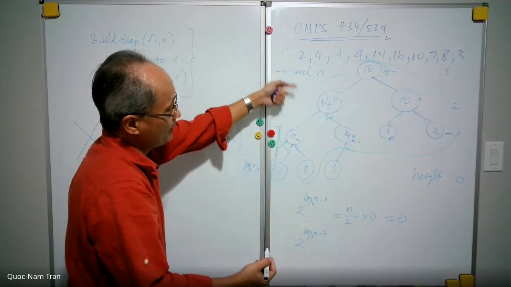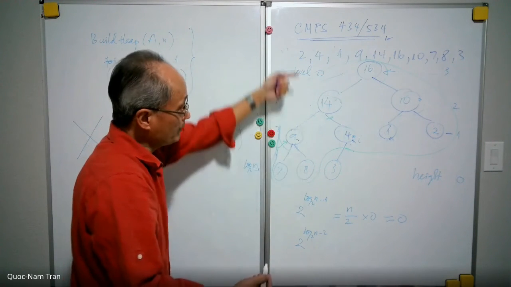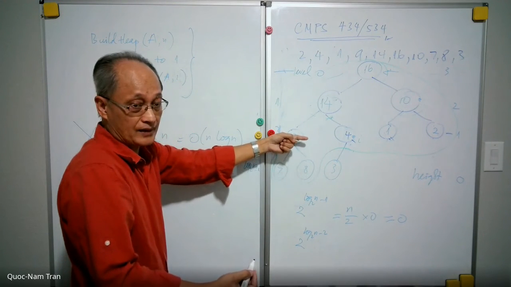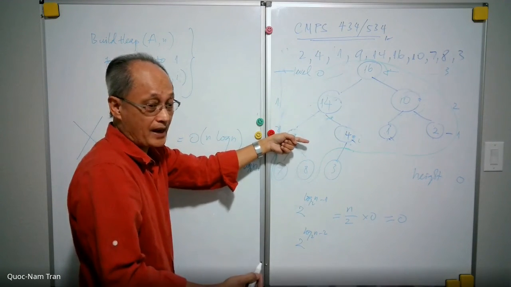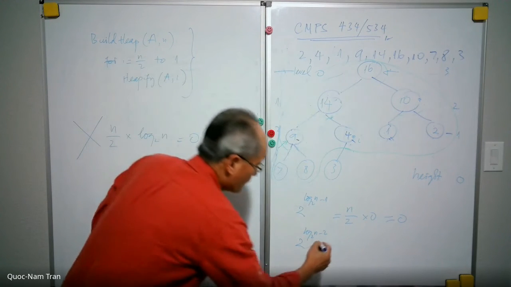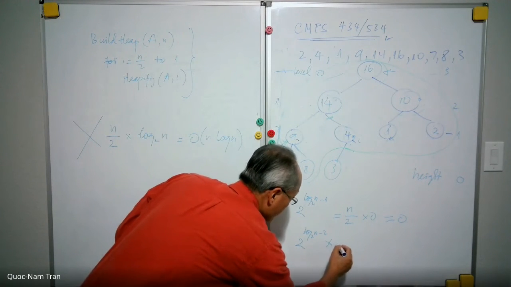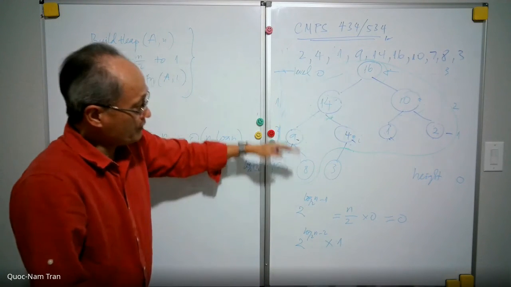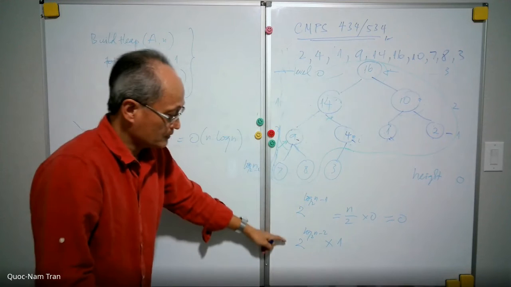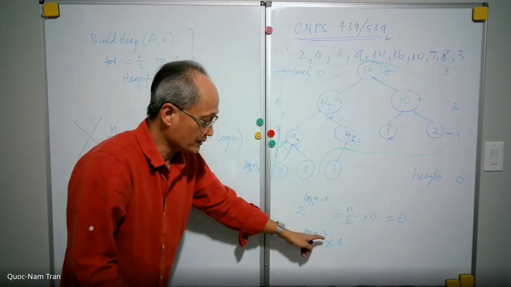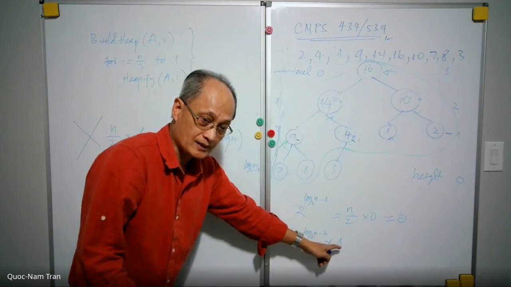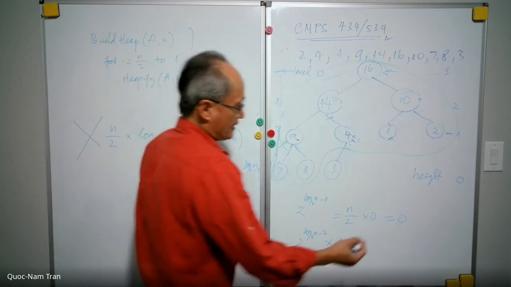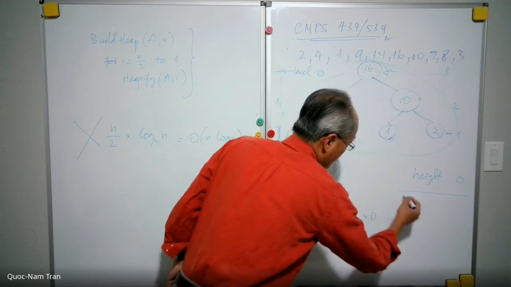Because every time we go this way, the number of nodes is cut by half, right? So we have here 1 step. The one before, we have 2 to the power of log 2 of n minus 3, then we have, say, 2 steps, okay?